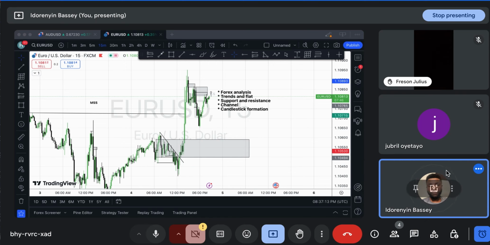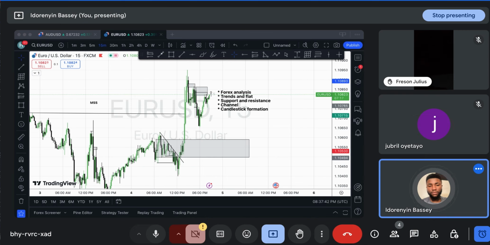It is like the ceiling, like the roof, that prevents price from rising further. So when the price approaches a resistance level, it tends to reverse and move downward because there is a substantial supply of the currency pair at that price.